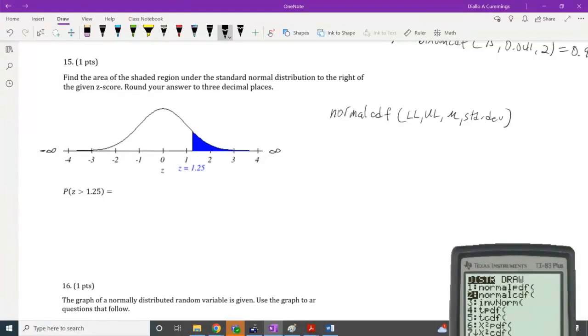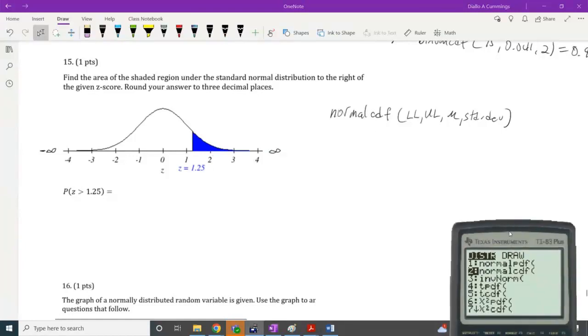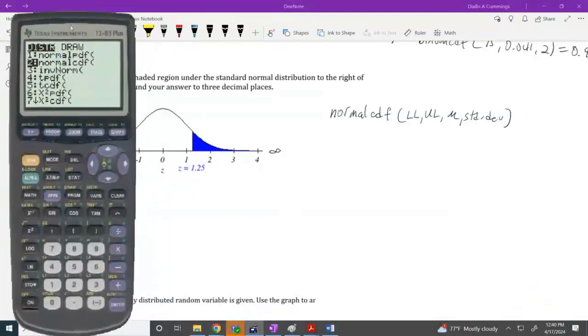If we look at our shaded area, the lower limit is positive 1.25. I'm going to put in 1.25 because that's the lower limit of the shaded area, comma. The upper limit for the shaded area is infinity. So we're going to put infinity in as e to the 99th power. That's how it's represented in the calculator.